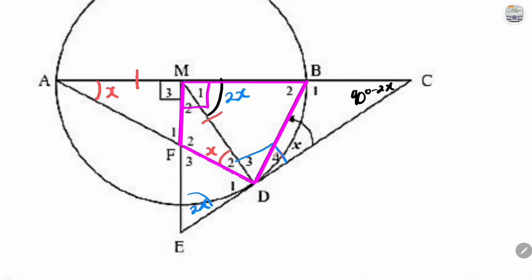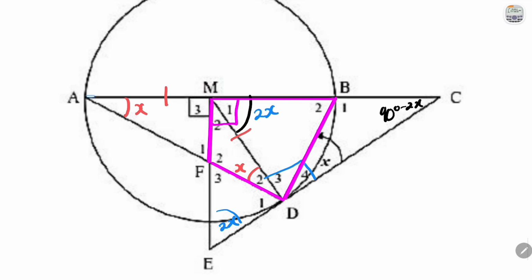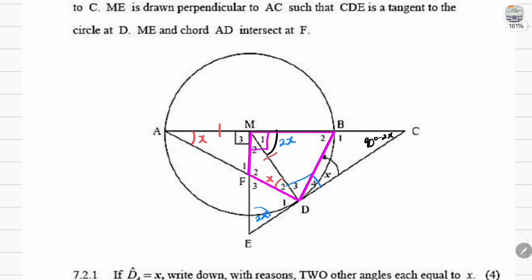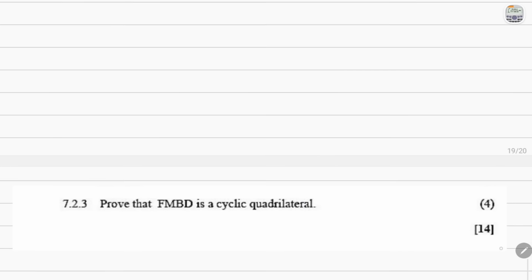Well, do you see how this angle is subtended by a diameter? Here's your diameter, AB, so it's equal to 90 degrees. So this angle BDF, you can of course call it angle D3 plus angle D2, but I'll just call it BDF. That angle BDF is actually equal to 90 degrees as well.